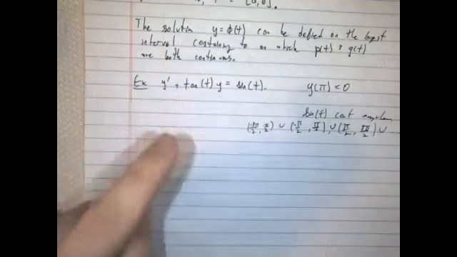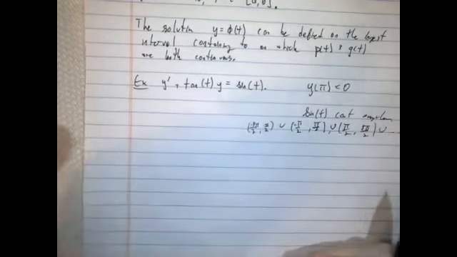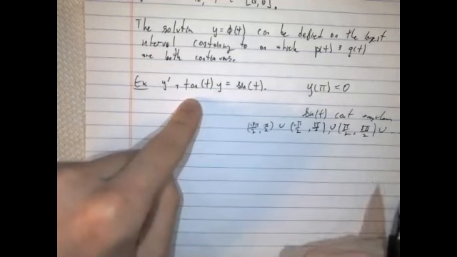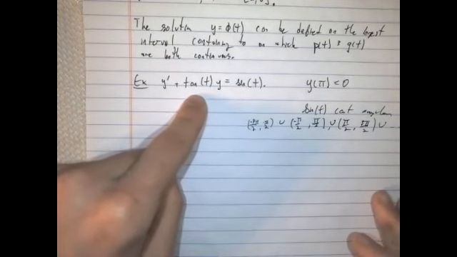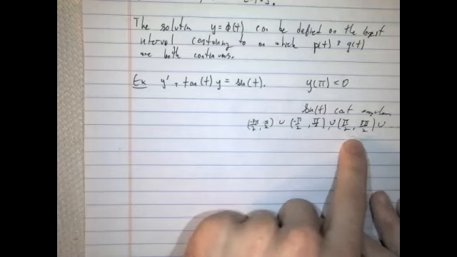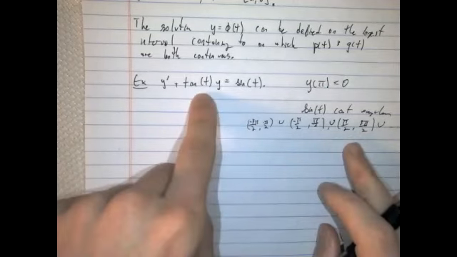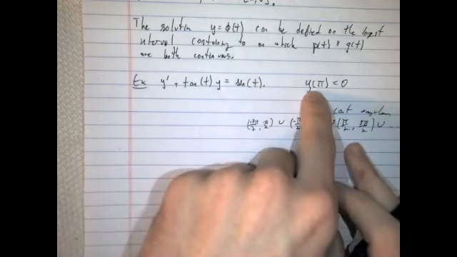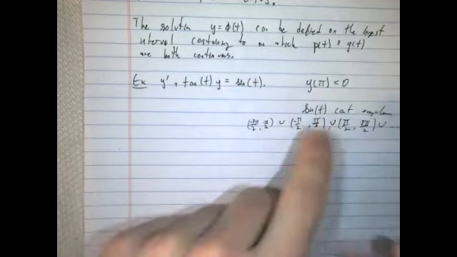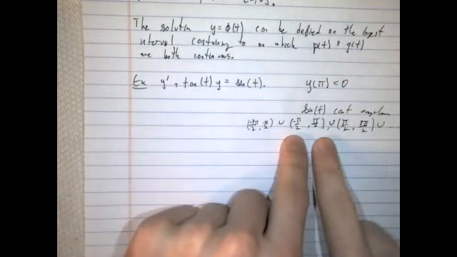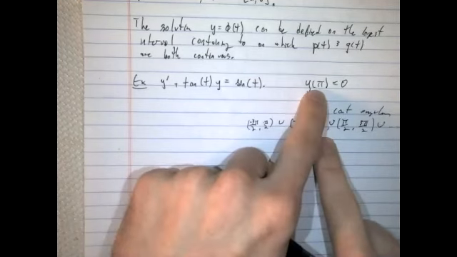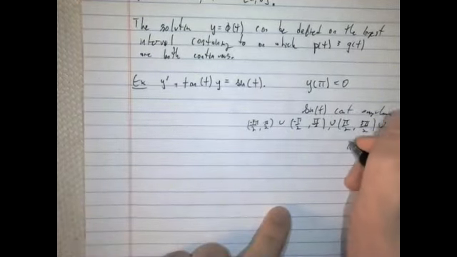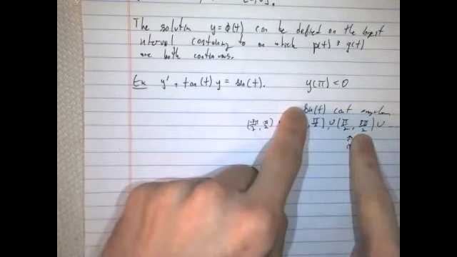Now the point is, the existence and uniqueness theorem for first order linear differential equations essentially guarantees you a solution. First of all, it can only guarantee us a solution locally. So if we're looking for y of pi being equal to 0, we need to look for the biggest interval on which both sine of t and tangent of t are continuous, containing pi. Well, pi is in here, and sine of t places no restrictions because it's continuous everywhere.